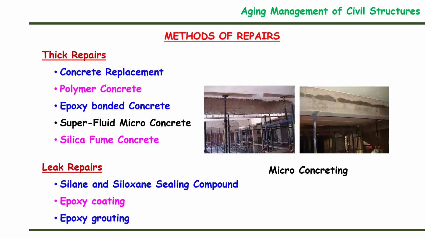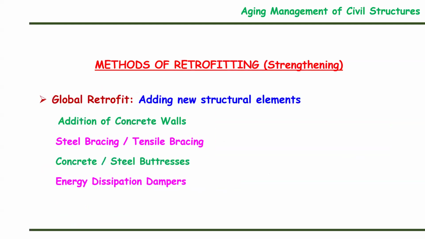Thick repairs basically involve the replacement of the entire concrete. This can be carried out using polymer concrete, epoxy bonded concrete, superfluid micro concrete, silica fume concrete, and so on. And leakages can be repaired using silane and siloxane sealing compounds, epoxy coating, and epoxy grouting. So these are various methods of repair which I have listed here.